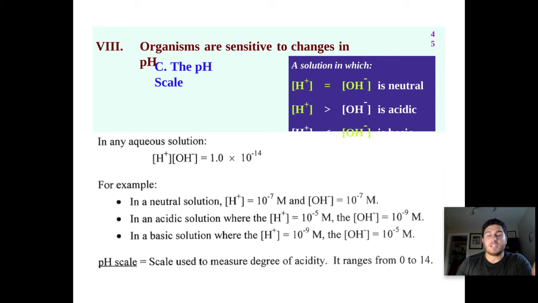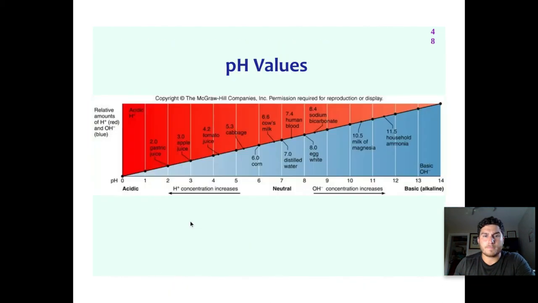All right, pH scale. Something important to know. The pH scale is 1 to 14. You guys have probably seen that before. If you are in the middle of the pH scale, that means that you are neutral. That's 7. How do I know that?